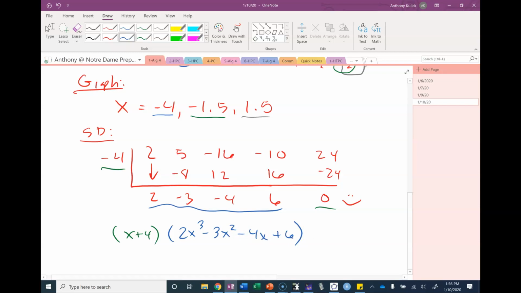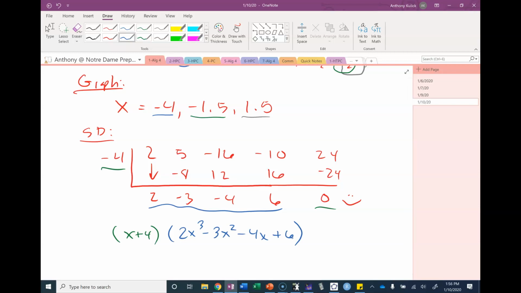Now I can do two things here. I can try to synthetically divide again, or I can try to factor this polynomial. Probably some of us tried to do synthetic division again. It looked like that happened on a lot of your sheets, and you got something that didn't work when you tried -1.5. Right?